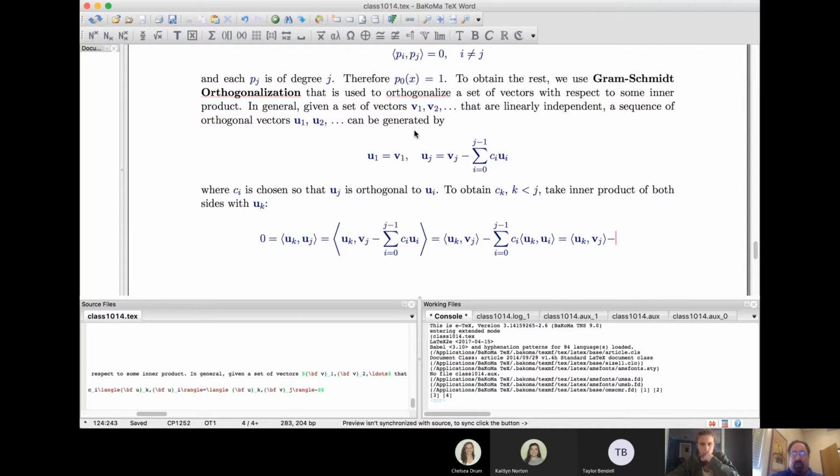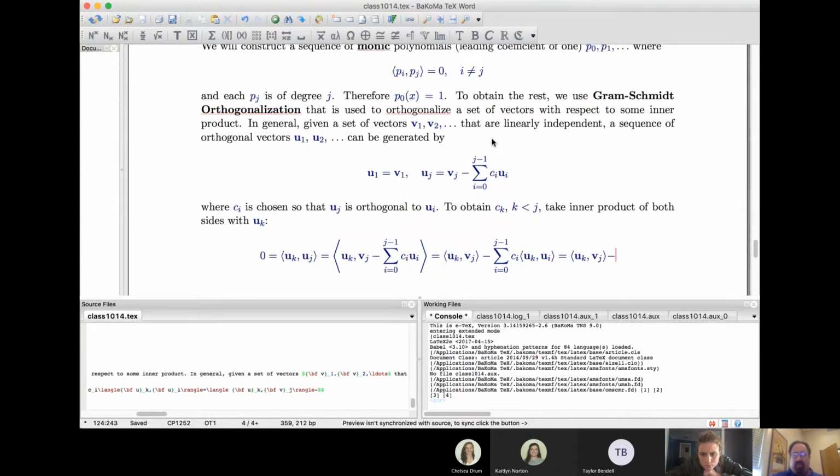And keep in mind, the u's are supposed to be orthogonal, and keeping in mind what that means. Using information that's currently on your screen.